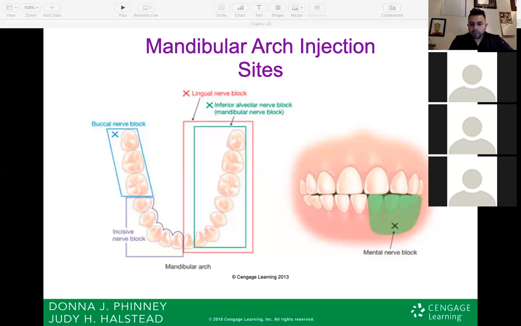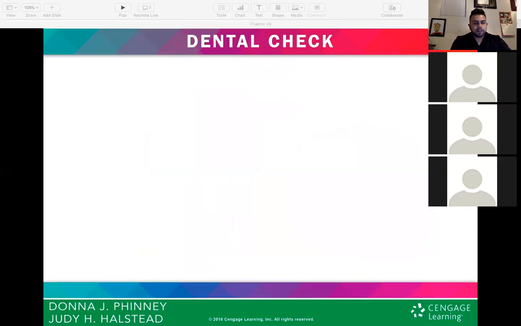So the injection will go in that area, and that one deadens the mandibular premolars, the canines, and the facial tissues adjacent to these teeth.